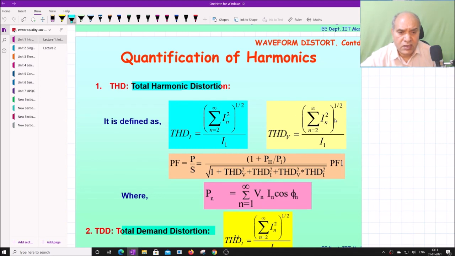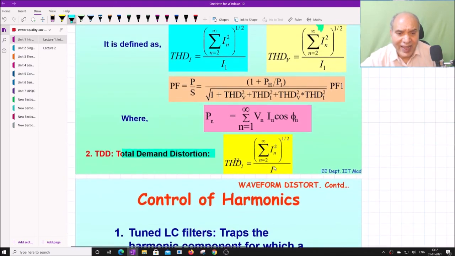So basically this term is nothing but a kind of harmonic content. This is I_H actually, okay, this is I_H, and I_H by I_1 is called the THD, and I_H by I is called the total demand distortion. The difference between these two is in the denominator. Here it is I_1, here it is I, okay.